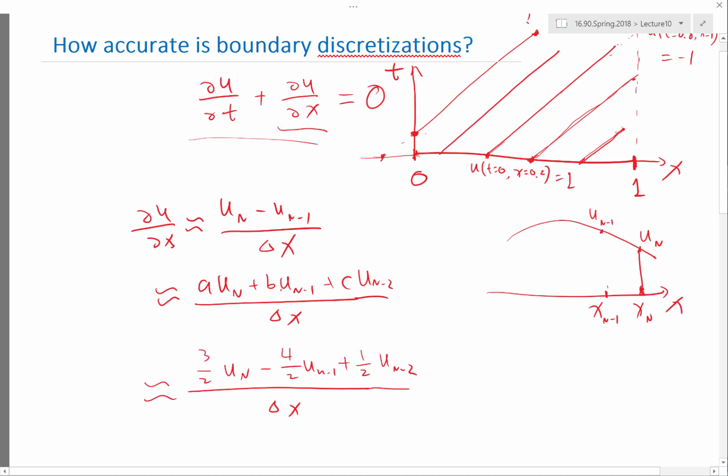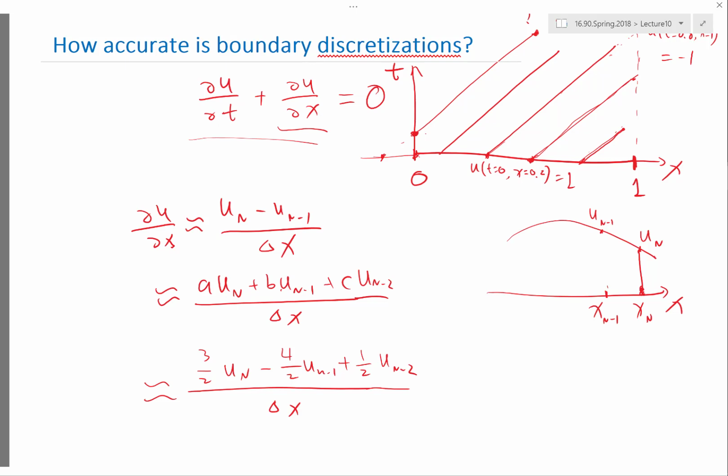How about if we have some boundary conditions? Well, on the left-hand side, if we do have boundary conditions, that's great. We don't even have to discretize the differential equation at this point, right? Because we then have one less unknown.